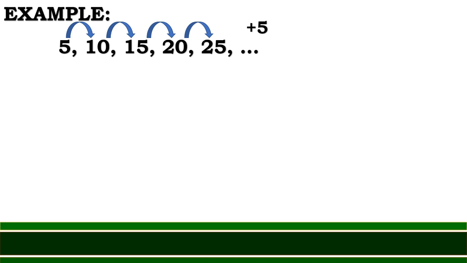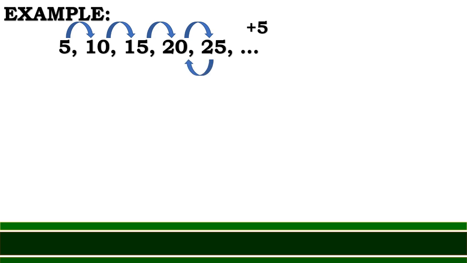Okay, so as you can see, the pattern for this sequence is by increasing 5. 5 plus 5 will become 10, 10 plus 5 will become 15, 15 plus 5 will become 20, 20 plus 5 will become 25, so on and so forth. Okay, so kapag nalaman na natin yung pattern, we will try to check this by subtracting its preceding term to its previous term. So, paano siya?